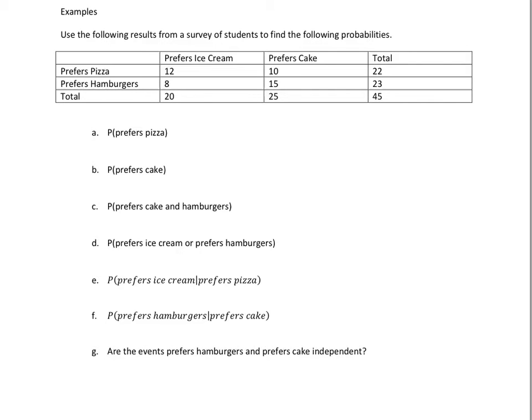We're going to use the following results from a survey of students to find the following probabilities. Probability of prefers pizza. Now we have a total of 45 students here, and it looks like 22 prefer pizza. There's the 22 that prefer pizza out of the 45. For prefers cake, 25 out of the 45 prefer cake.